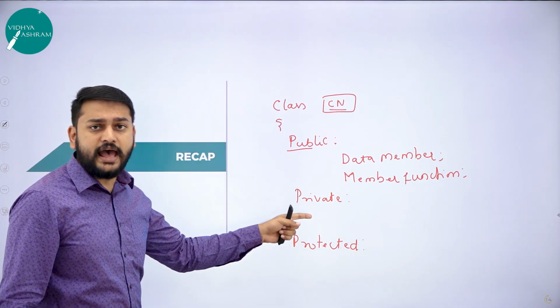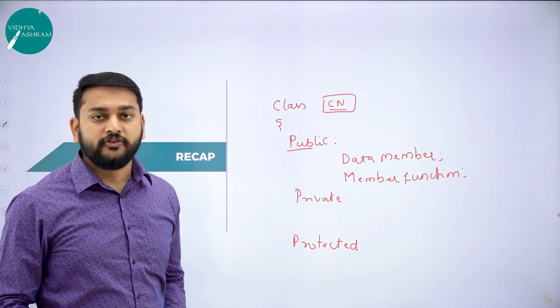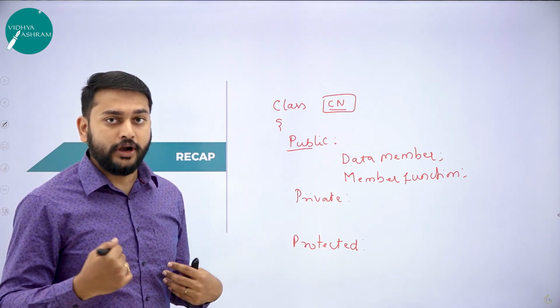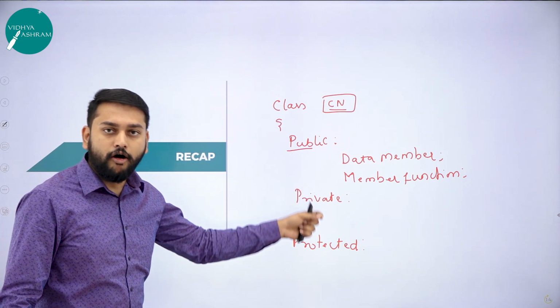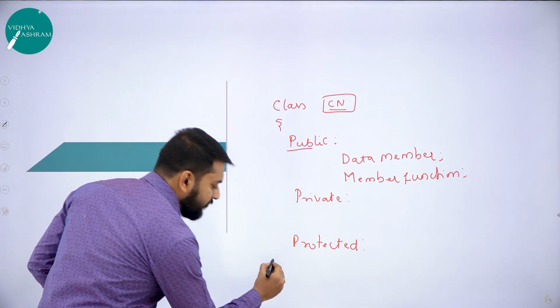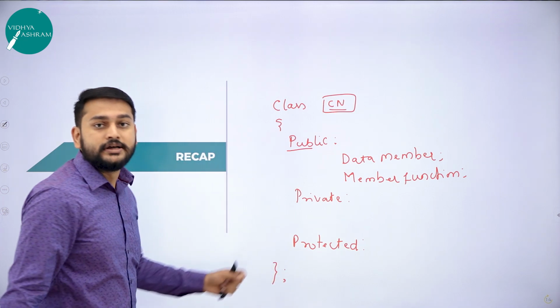Guys, in these access specifiers also I will be having data member and member function. It depends on my program, however I am writing. So once I am done writing all these things, I will be closing the class with a flower bracket, and this flower bracket ends with a semicolon.